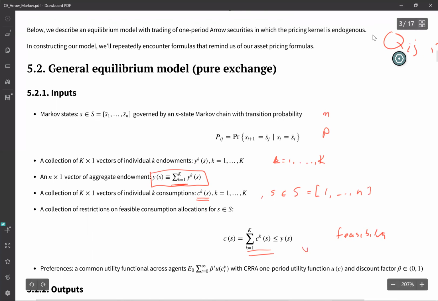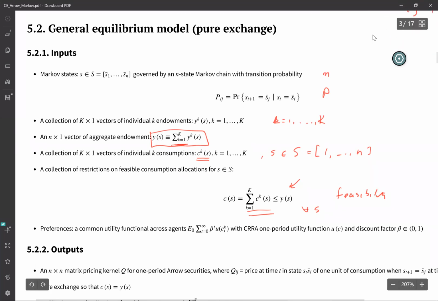And this has to be true for every s, for all s. And we're assuming that there's no disposal in utility, so this feasibility constraint is going to be satisfied at equality.